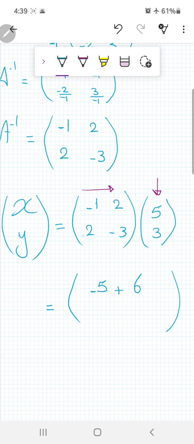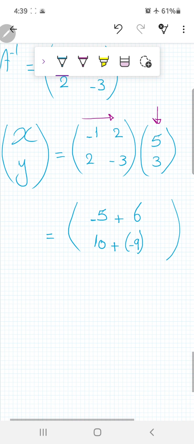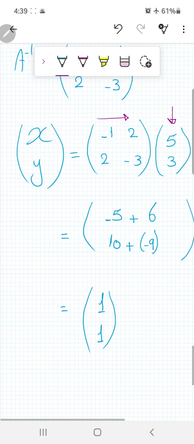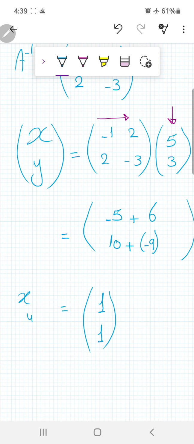The second row, 2 times 5, 10, plus negative 3 times 3 equals negative 9. So here we have negative 5 plus 6, 1. 10 minus 9, also 1. So the matrix x and y equals 1 and 1.